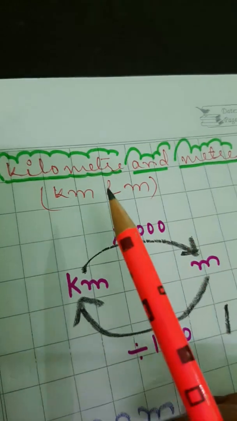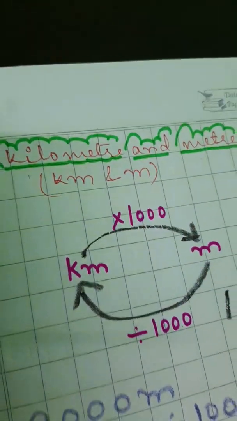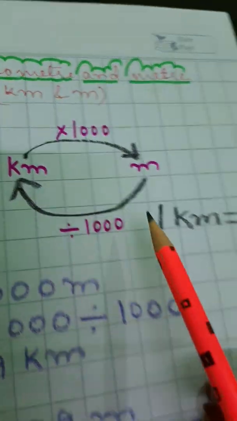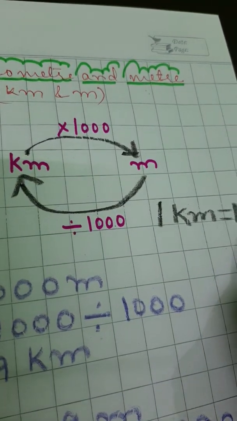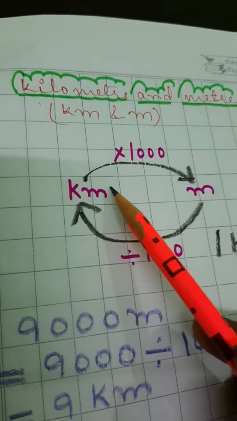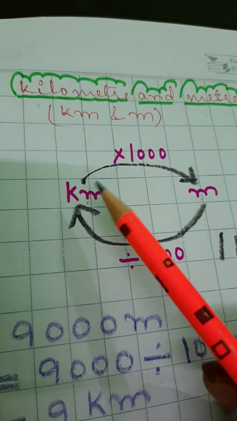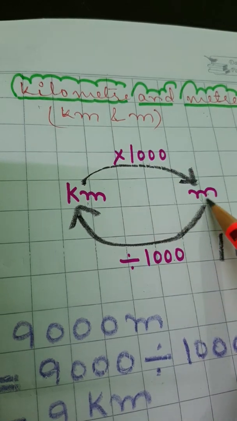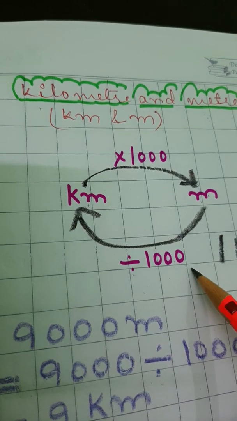Now let us take another example, how to convert kilometer to meter or meter to kilometer. We know that 1 kilometer is equal to 1000 meter. If you want to convert kilometer to meter, we have to multiply it by 1000, and if we want to convert meter into kilometer, we have to divide it by 1000.